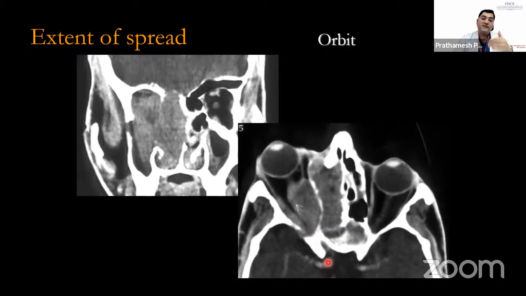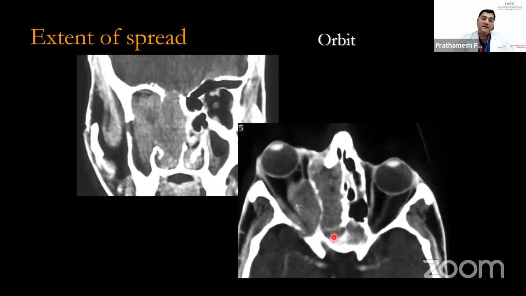You will have disease coming onto the ophthalmic artery, which is a branch of the internal carotid artery. So you know that if you have disease involving the orbital apex, these cases might be inoperable. They might not be safe to operate because you will violate the zone and you might encounter heavy bleeding because of involvement of the internal carotid artery.